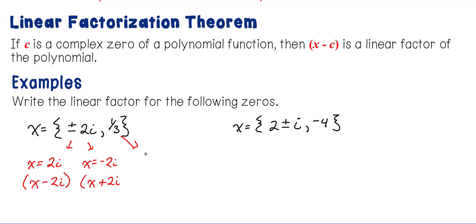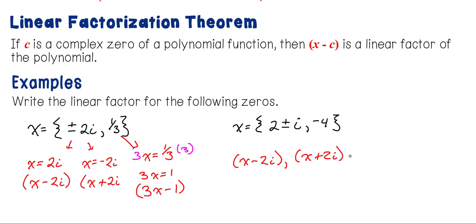And then just as a reminder, with x equals 1/3, you would multiply both sides times 3. And from there, we would end up with 3x equals 1. And then subtract 1, so 3x minus 1 would be our factor. So the factors for these zeros would be x minus 2i, x plus 2i, and 3x minus 1.